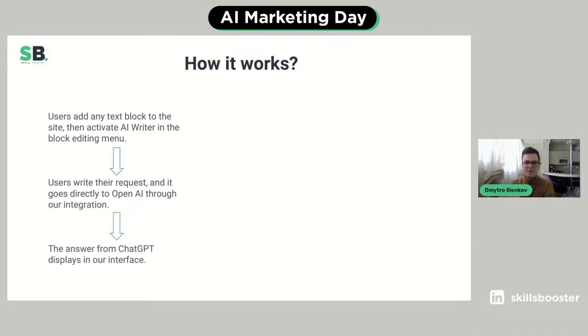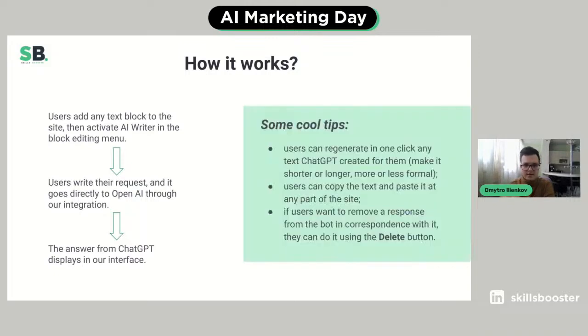And after that, ChatGPT responds to us, and the answer is displayed in our interface to customers. Also, you can see here some cool tips. For example, users can generate any text in one click, and after that, users can regenerate this text. For example, make it longer or shorter, or change its format. For example, make it more formal.